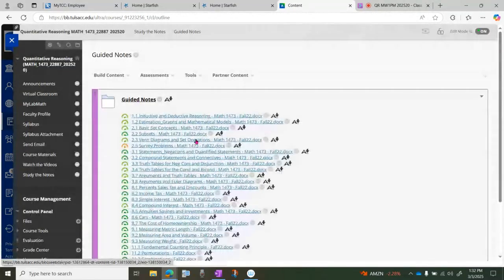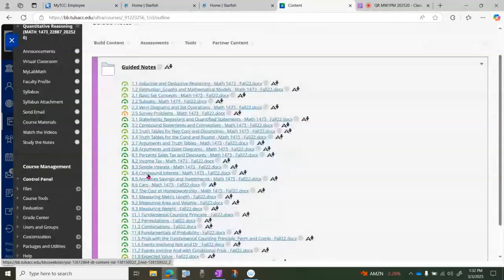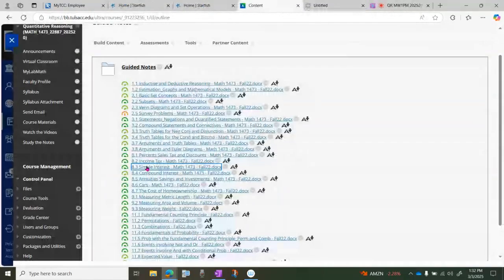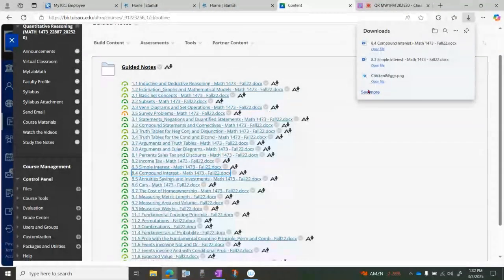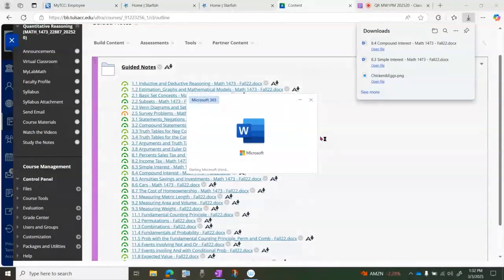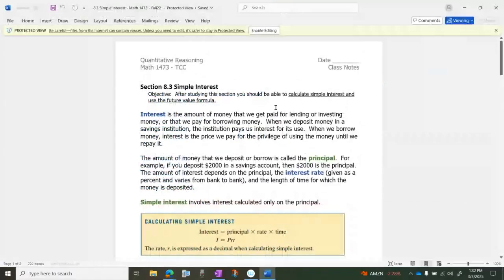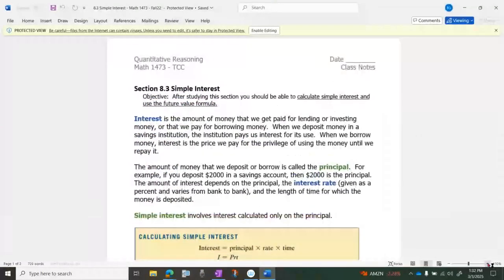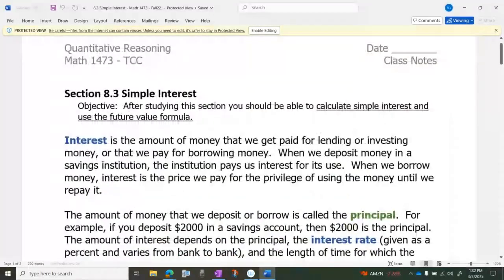The other set is from our publisher, 8.3 and 8.4. 8.3 is simple interest, 8.4 is compound interest. We cover both in the same class, okay? So this section is simple interest.